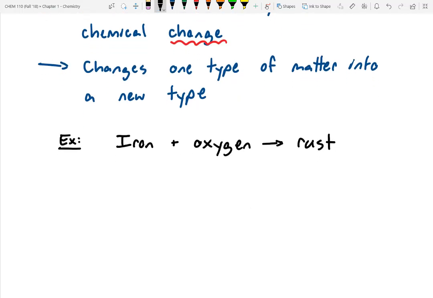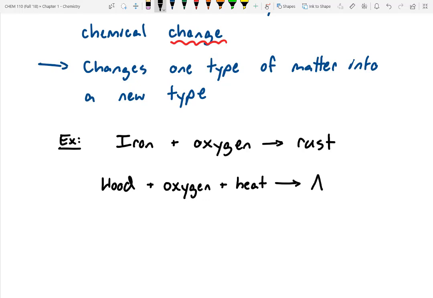All right, another type could be wood. Wood is primarily made up of something called cellulose, primarily carbon, oxygen, and hydrogen. And what you can do is you can take wood, oxygen, and heat. And what do you get out if you combine all of this in your fireplace?